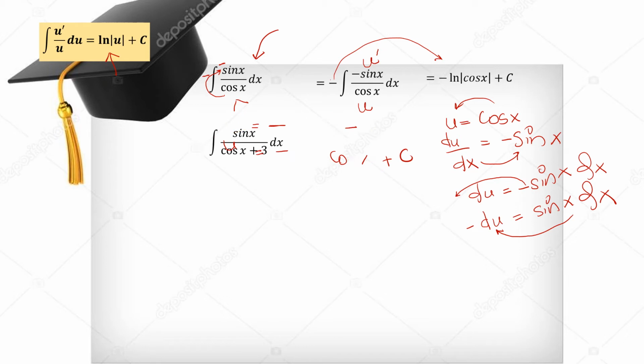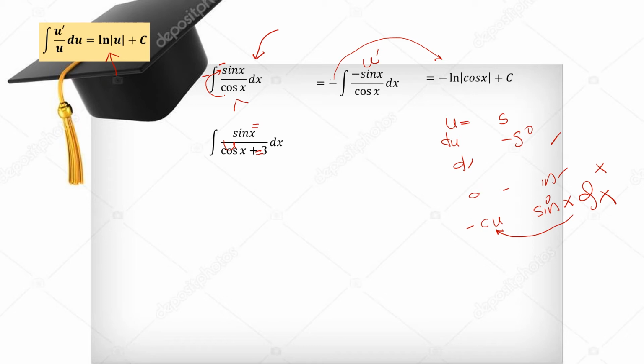Here it is the same thing, look at the denominator. The denominator states cos x plus 3. Now check what the derivative of the denominator is. Yes, the derivative of cos x is negative sin x.